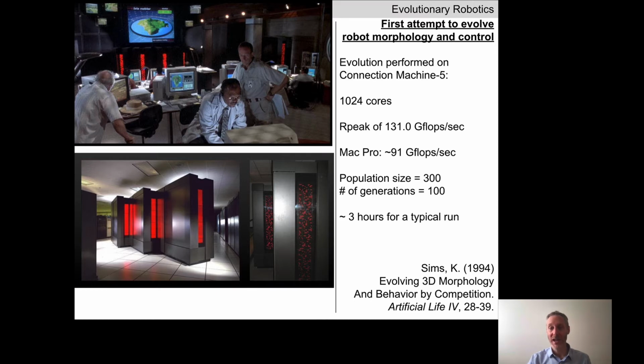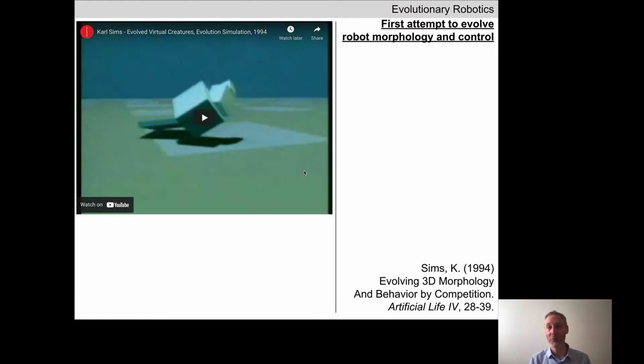And Carl Sims came up with this idea of evolving virtual creatures in a simulated world. So depending on how you count, this is sort of the beginning of evolutionary robotics. I'm going to play the video. It's about 5 minutes long, so you get a sense of what Carl was able to achieve, and then we'll dive into the technical details of exactly how he did it.